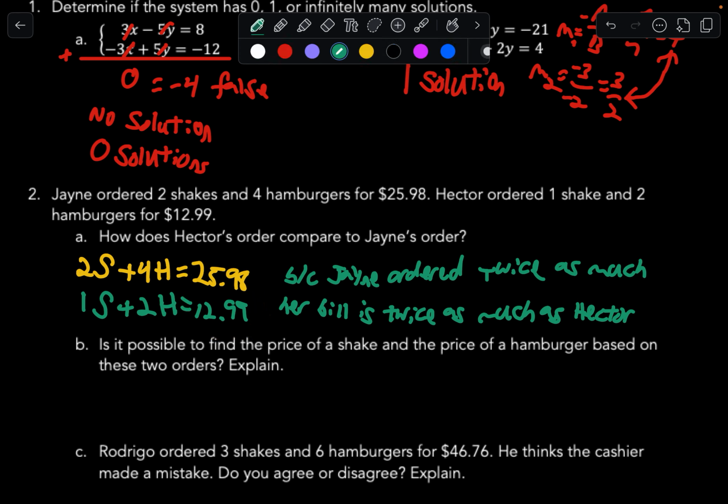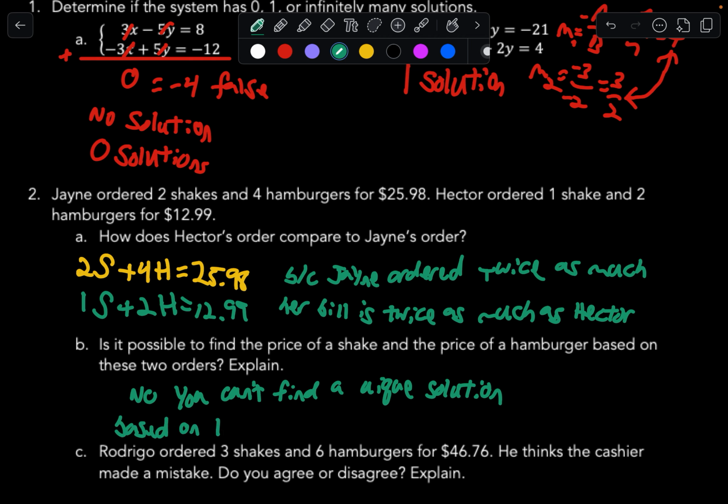So, no, you can't find a unique solution based on these 2 equations. Because they are the same line. They're just scaled.